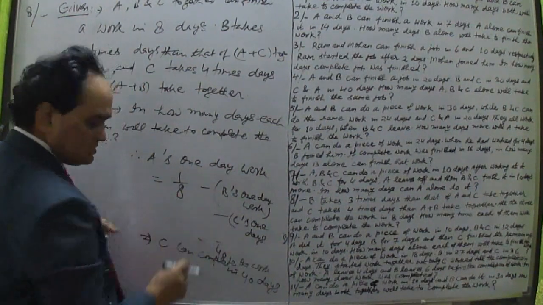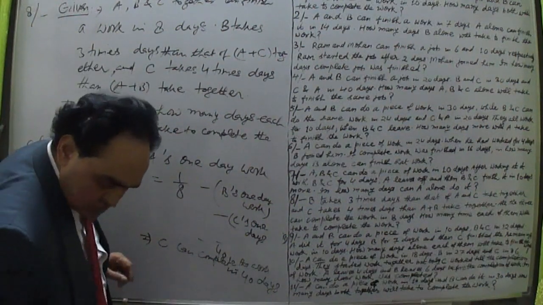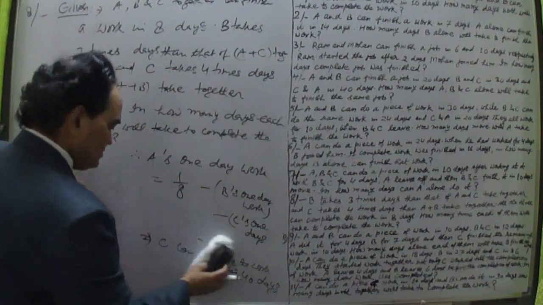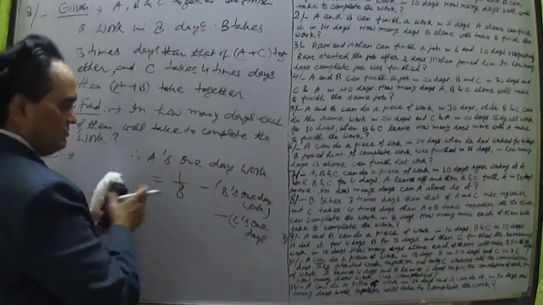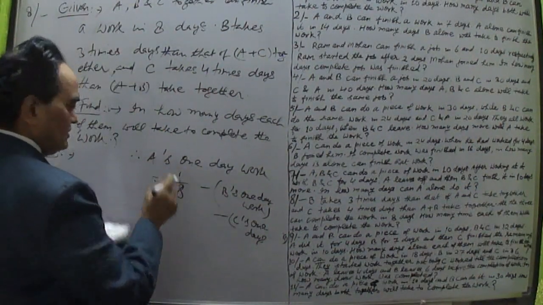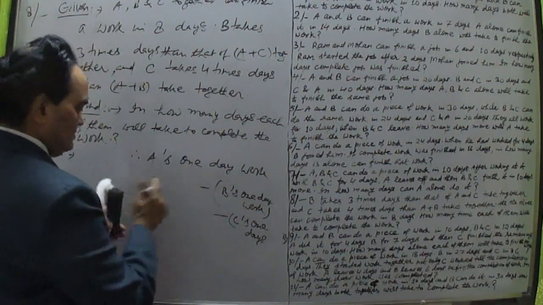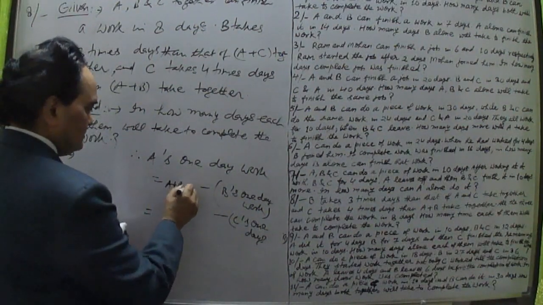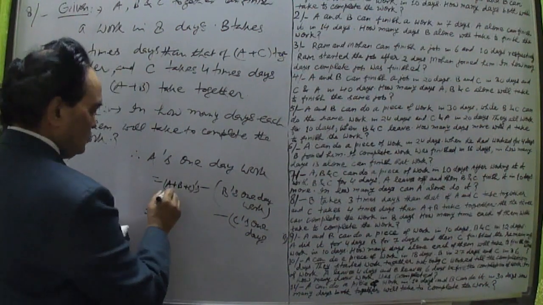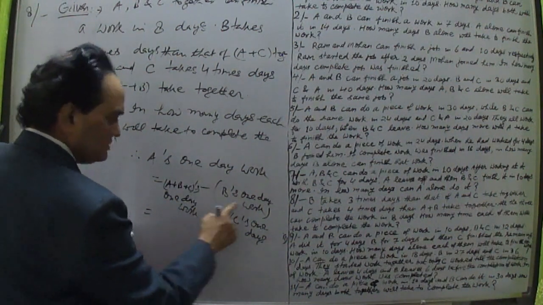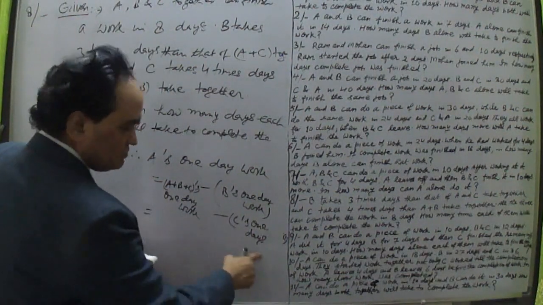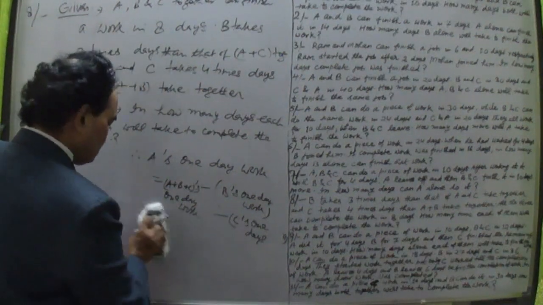And what is this 1/8? This is A plus B plus C's 1 day's work. So A's 1 day's work is A plus B plus C's 1 day's work minus B's 1 day's work minus C's 1 day's work, which we have just calculated.